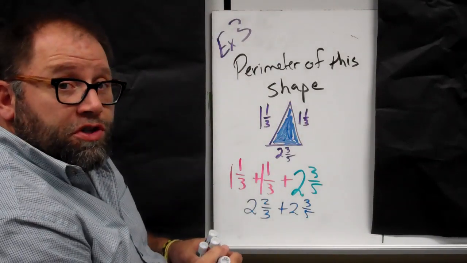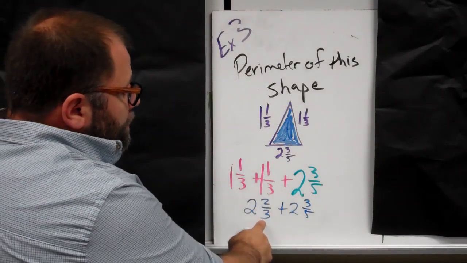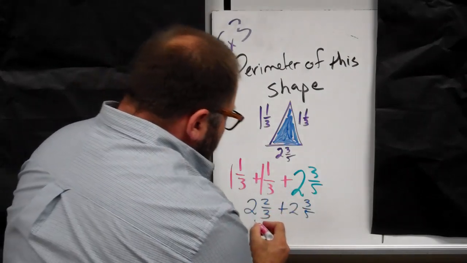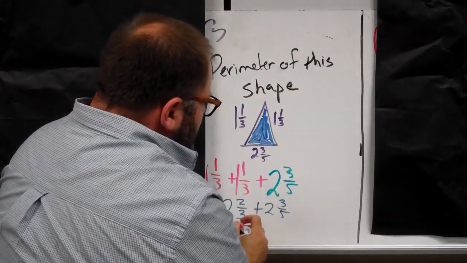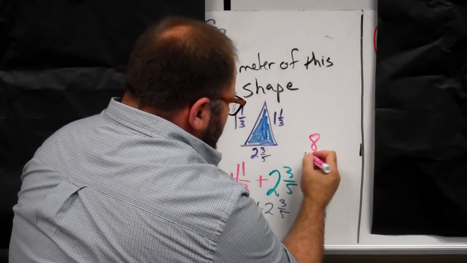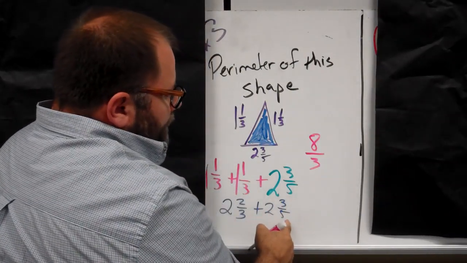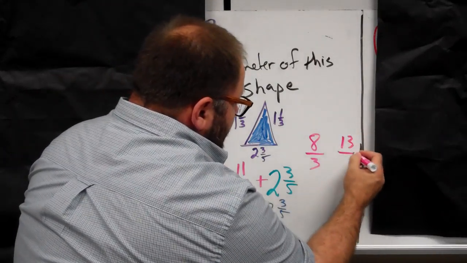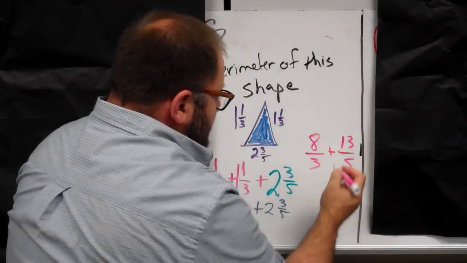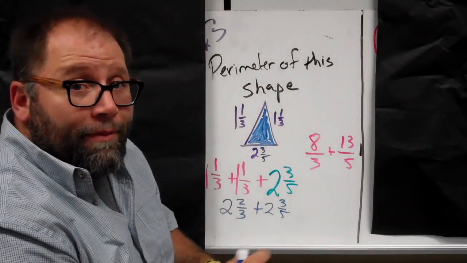So now we switch them to improper fractions. 3 times 2 plus 2 is 8/3. 5 times 2 plus 3 is 13/5. We're adding these together, so let's get a common denominator.